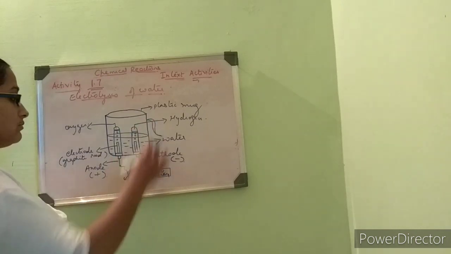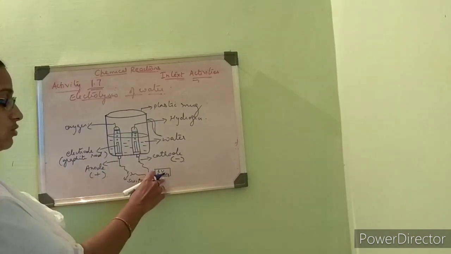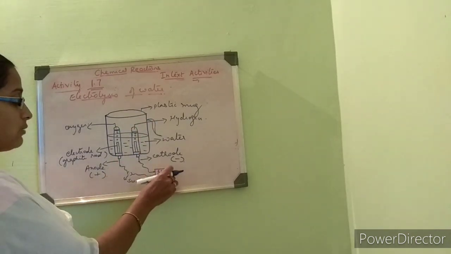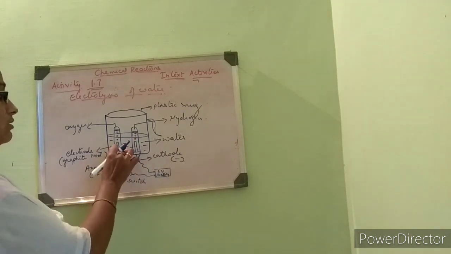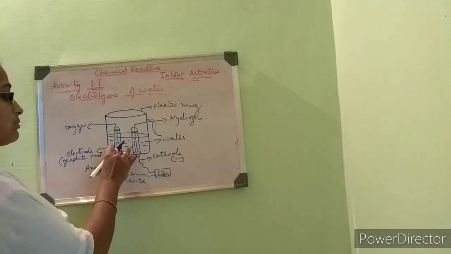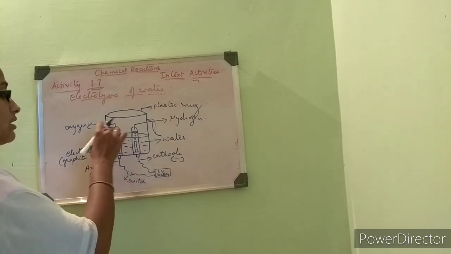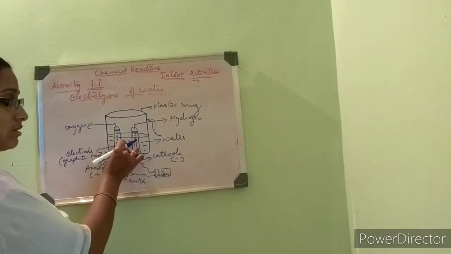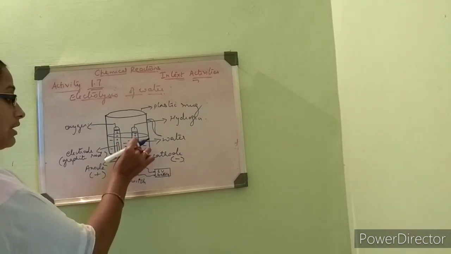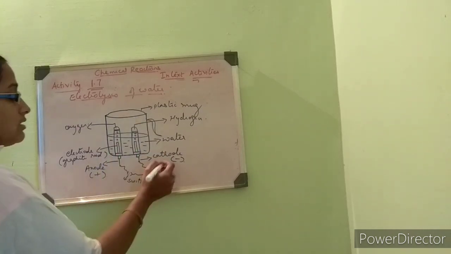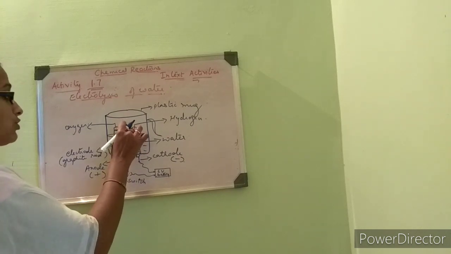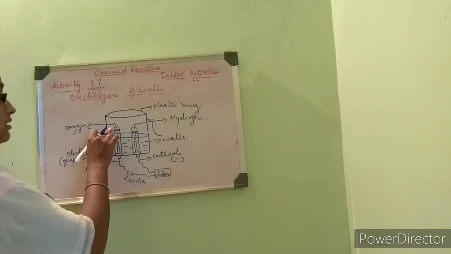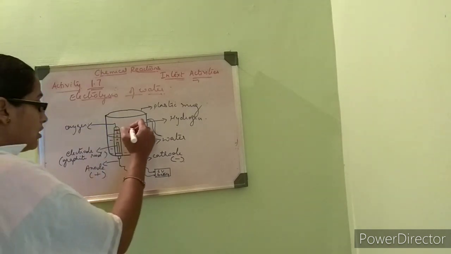A 6-volt battery is connected here, and when we switch it on, an electric current is passed and the water molecules split into hydrogen and oxygen. Hydrogen gets collected at the cathode, the negative terminal, and oxygen gets collected at the other electrode.